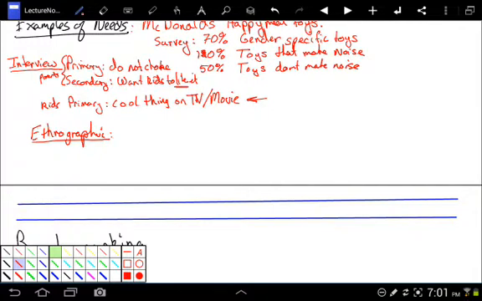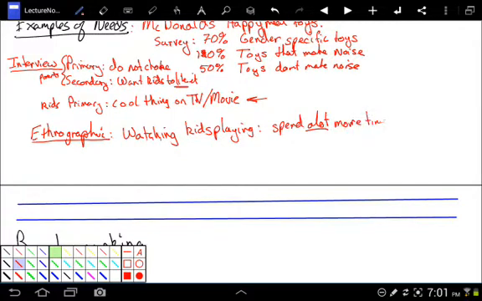We find out that when we're watching kids playing, and we're not doing it creepy, we find that they spend a lot more time, you'd quantify this, with toys that do stuff.